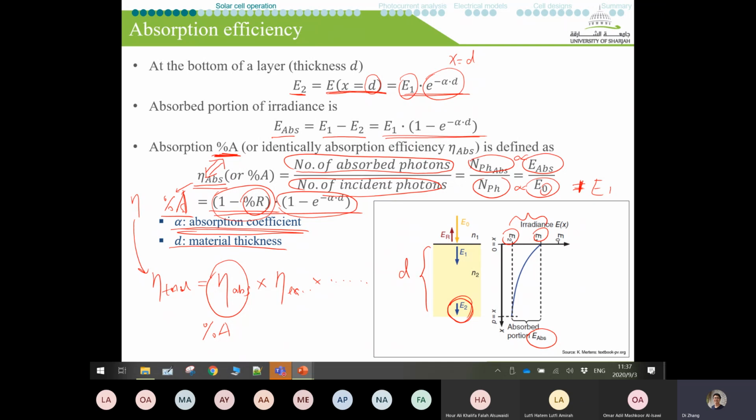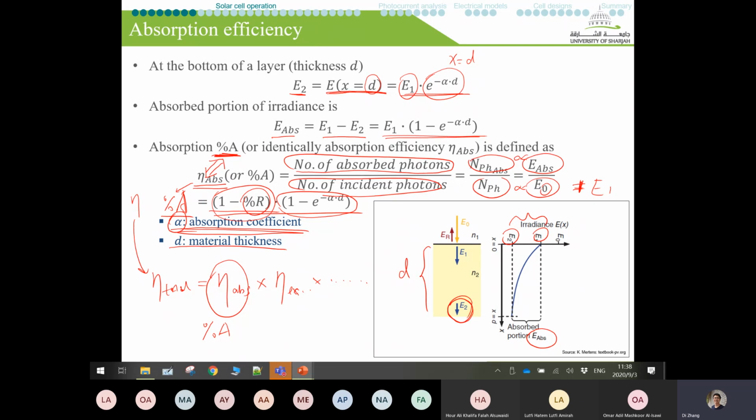and the absorption coefficient. So with these equations, it is possible for us, just by design, to estimate how much light will be absorbed by our solar cell. You just need the information about the absorption coefficient, and typically this is easy to find.